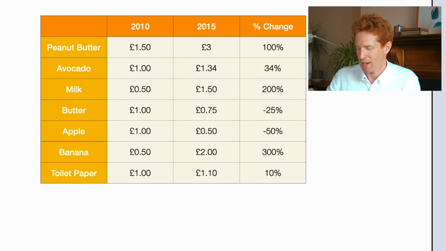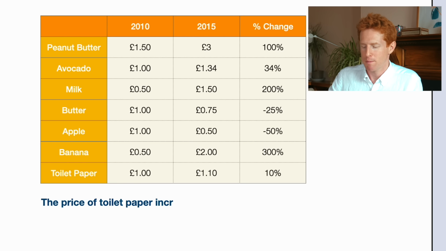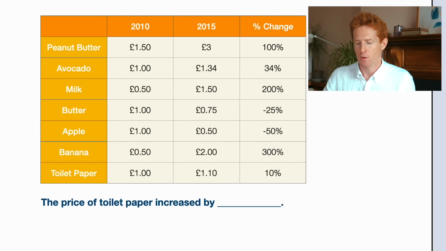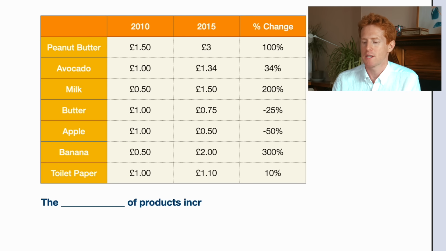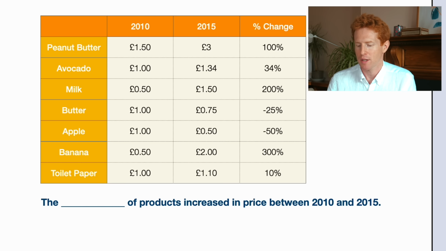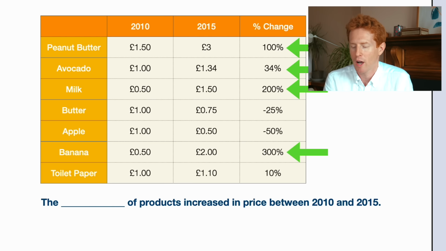Finally, let's look at toilet paper. The price of toilet paper increased by, so 10% is the same as saying 1/10. So from £1 to £1.10, that's 1/10. Now here's a slightly more confusing sentence. The something of products increased in price between 2010 and 2015. Now I want to refer to these 4 items.